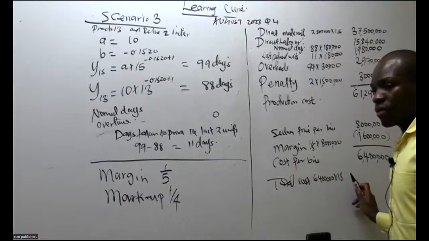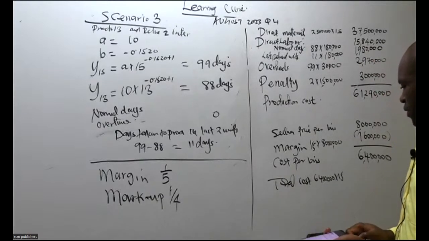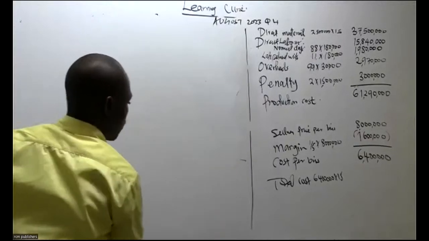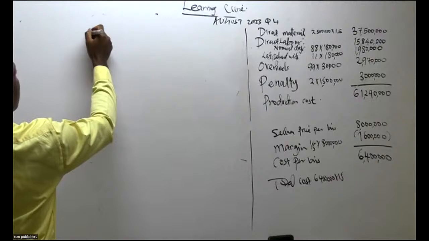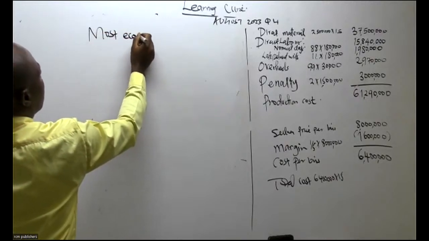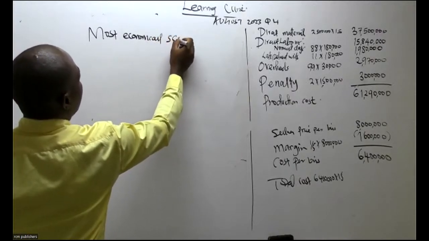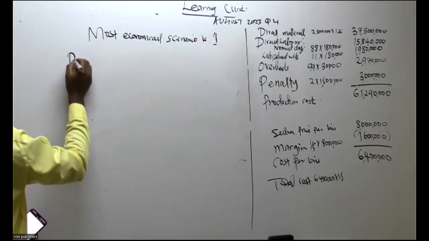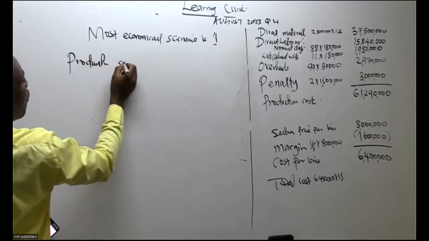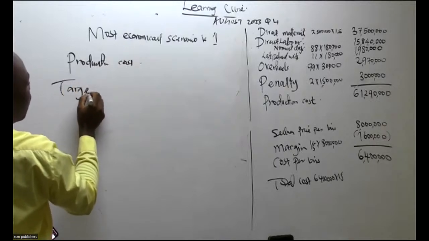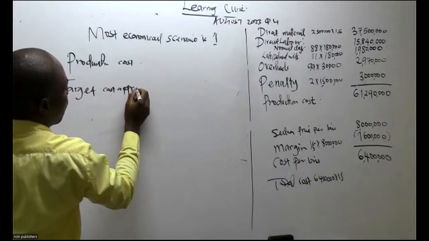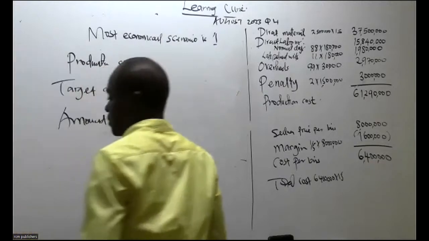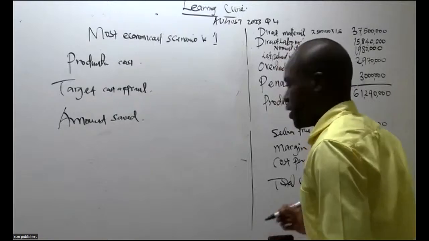Tutakuwa na ngapi hapa? 6,400,000 by 15 itakuwa ngapi? 96 million.